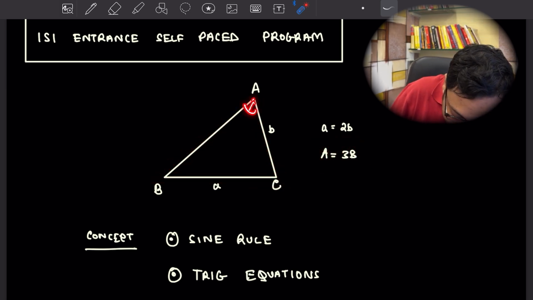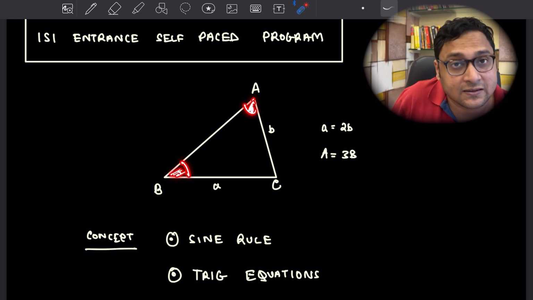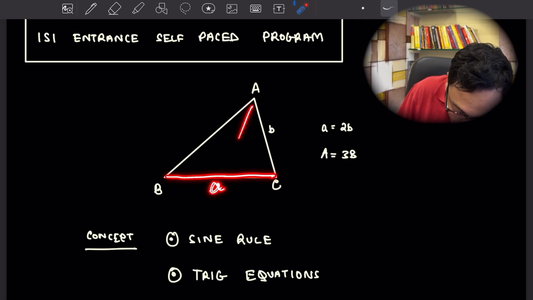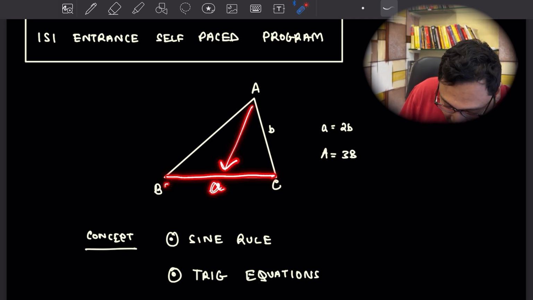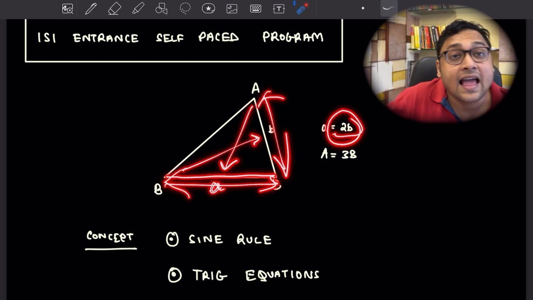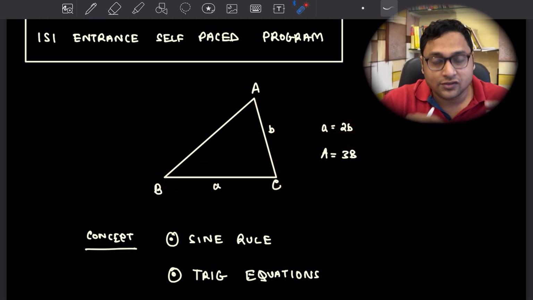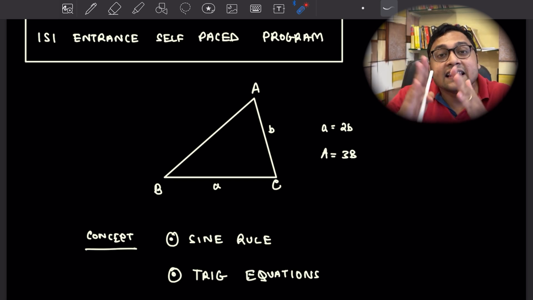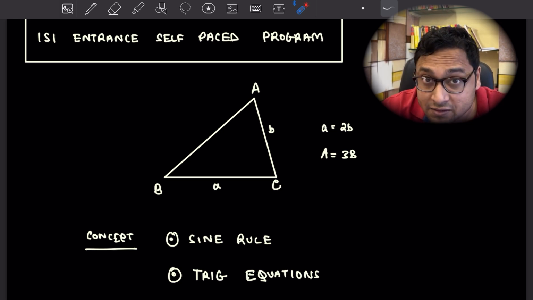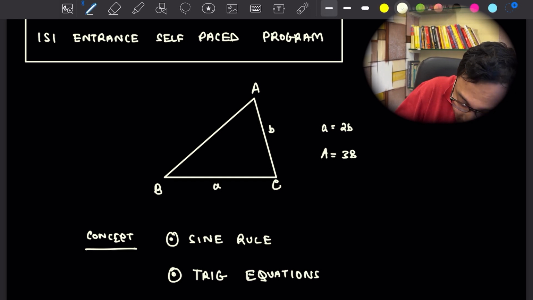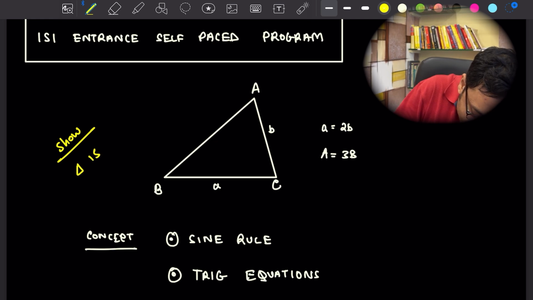So angle A here is 3 times the angle B. It's also given that the side length small a, which is opposite to the vertex A, is twice the side opposite to angle B. So the side opposite to angle A is twice the side opposite to angle B, and angle A is itself 3 times angle B. With this information, can you say anything about the triangle? For example, can you show that the triangle is right angled?